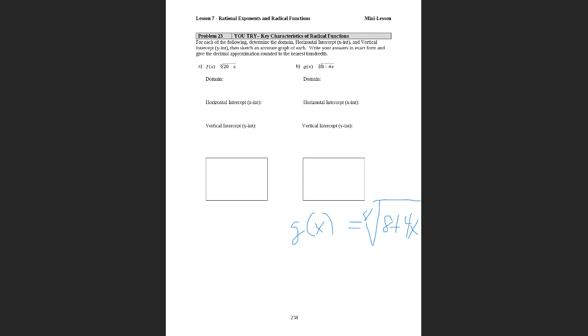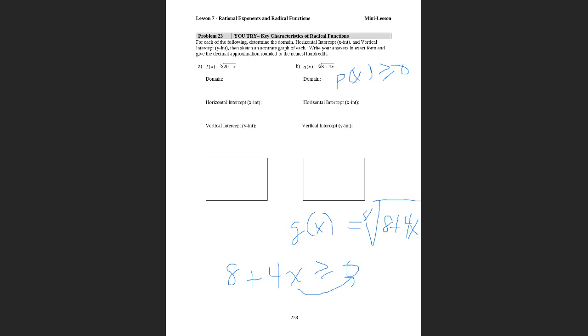Okay, here remember it's an even root. The nth root is 8. So because it's an even root, the domain is going to be the radicand greater than or equal to 0. So we have 8 plus 4x greater than or equal to 0.